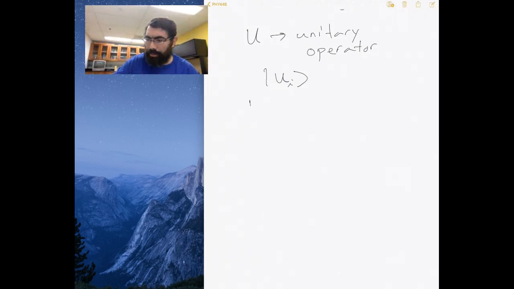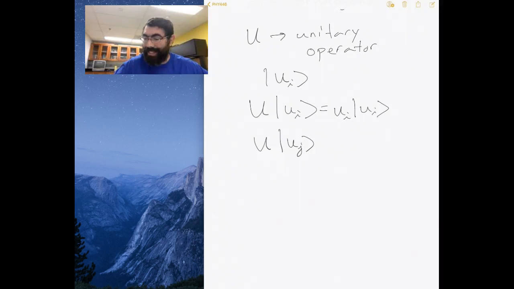So if we operate U on u sub i, what I should get is the eigenvalue u sub i and the eigenvector back again. I could try this on a second basis. The operator U acting on the eigenvector u sub j. Now I've got two bases, the i's and the j's. And that gives me an eigenvalue of little u sub j times the eigenvector back again.